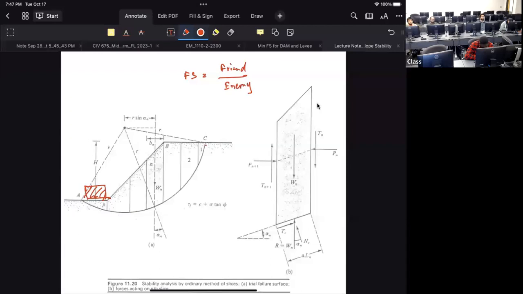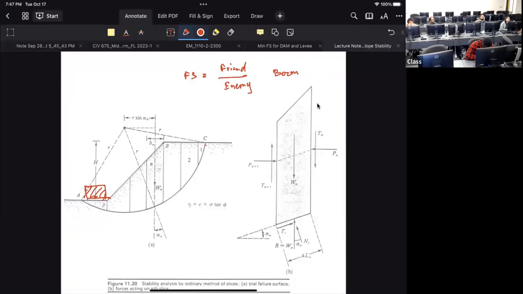Have you heard the word berm? B-E-R-M. What is the purpose of the berm? It is used in a slope to increase the slope height.